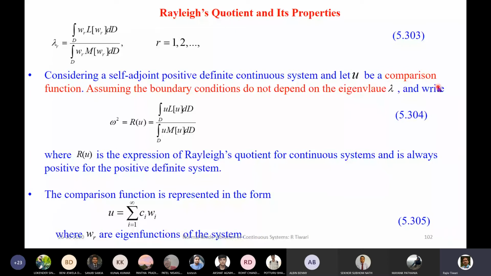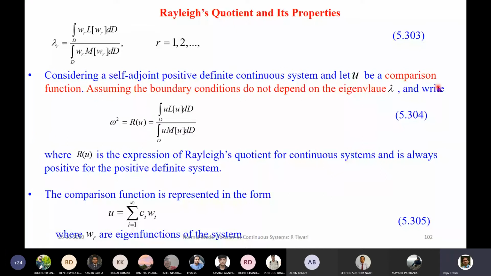A comparison function has less requirement compared to the eigenfunction. Its requirement is that it should satisfy all the boundary conditions of the problem, geometrical as well as natural boundary conditions, and it should be differentiable up to 2p.